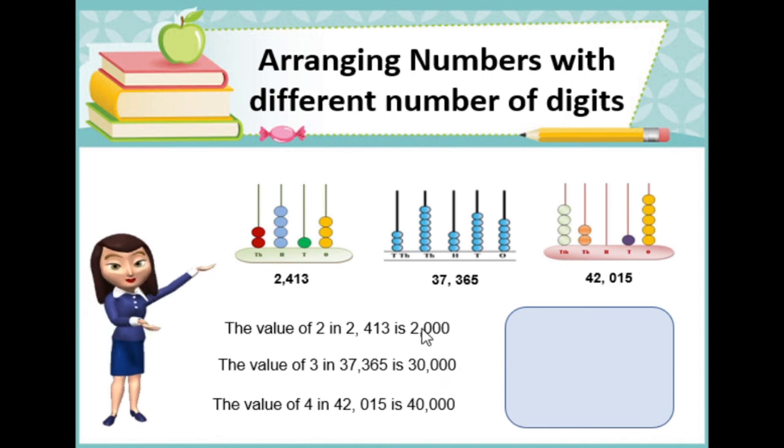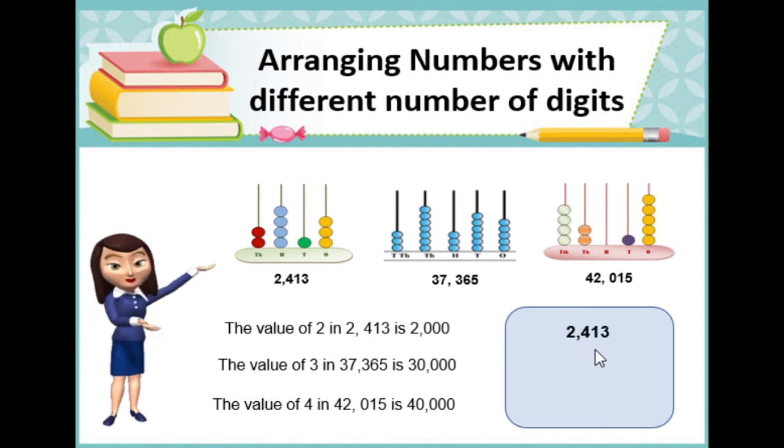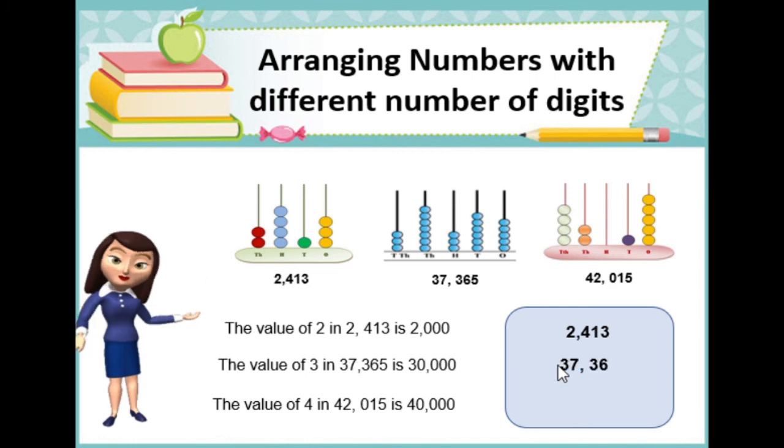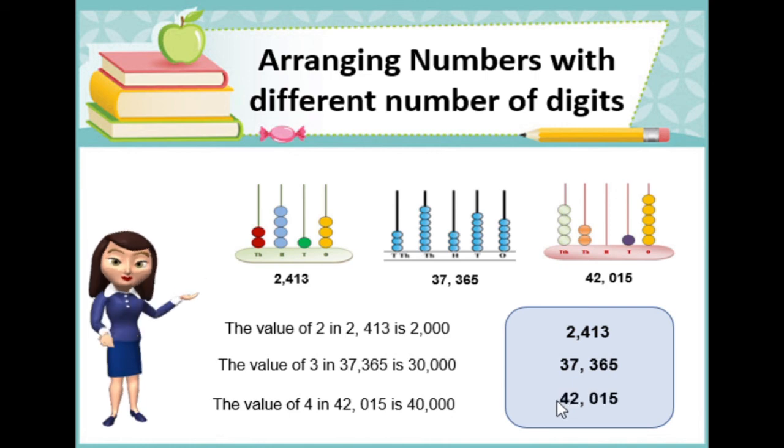It's 2,000, so the first number in an ascending order is 2,413, followed by 37,365 and 42,015. This is in an ascending order.